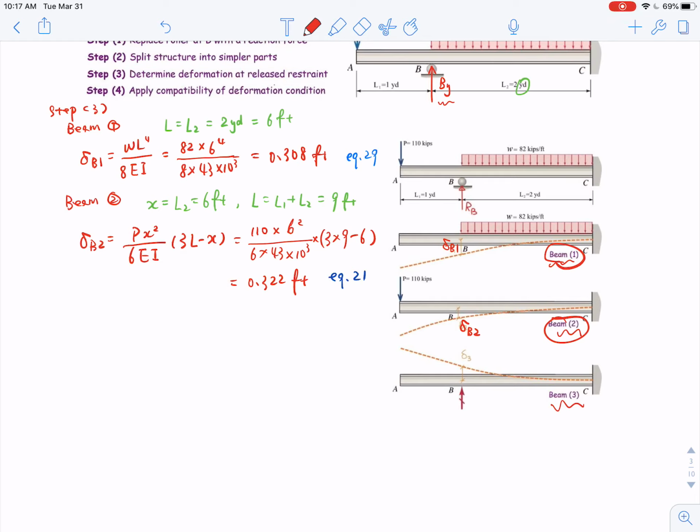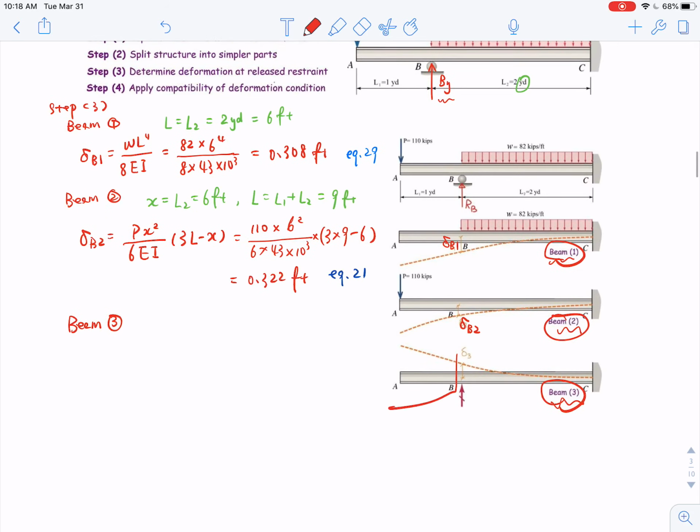Then our beam 3. This is the cantilever beam subjected to a concentrated load. Again, if you add this load By at point B, AB will always keep straight, and we can use a triangle to solve the deflection at point A, but that is useless in our case. So you just simply remove this part and only consider BC.